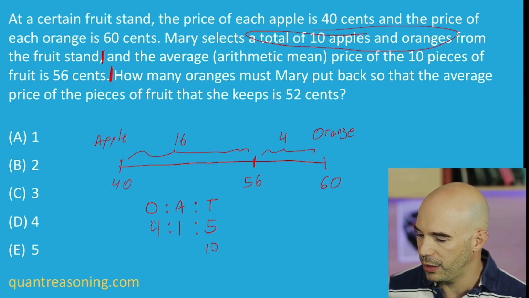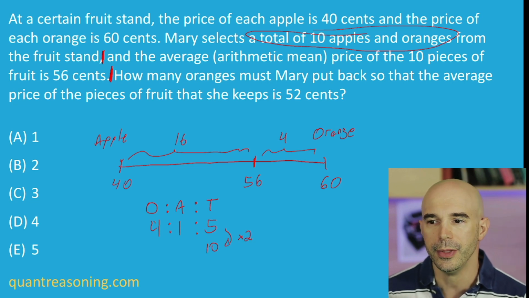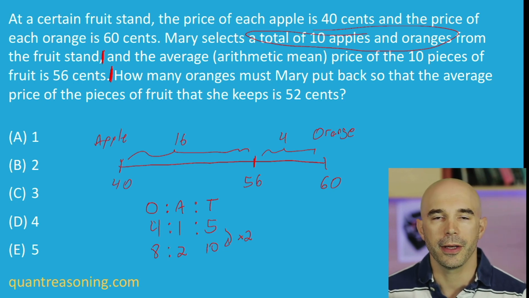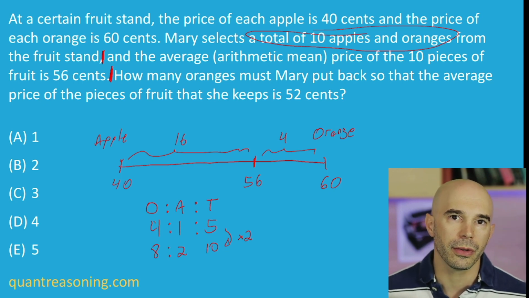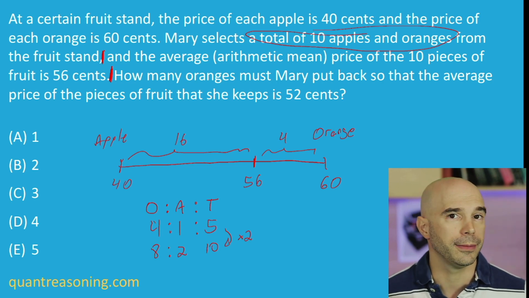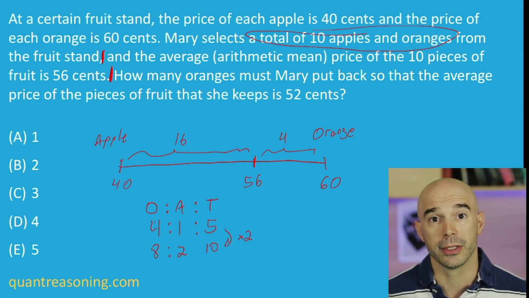So I can put that 10 under the total, and now I can also infer that the scale factor for my ratio is 2, which means that the actual number of oranges was 8 and the actual number of apples was 2. And I really think that if we don't go the whole way to this final inference that I have on my slide now, and instead we keep reading, we finish reading the question, we're not going to be able to succeed in this question.